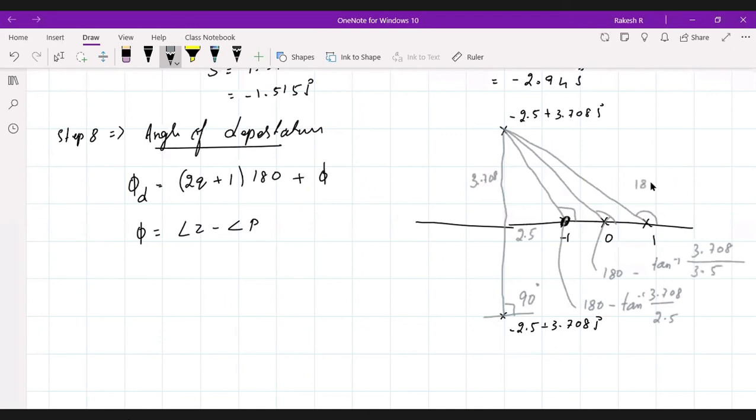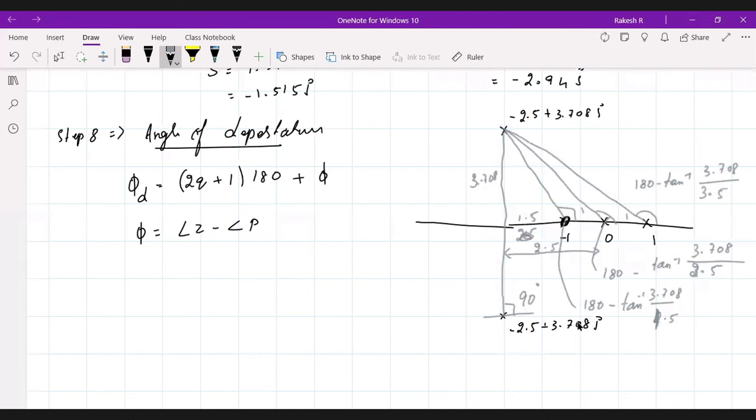This is 180 minus tan inverse 3.708 divided by 1.5, correct, this is 1.5. This becomes 2.5 here, so this length is 2.5 here. From here to this point is 2.5. This is 2.5, this is 1.5 here, this is 1 here, and this is 1 here, right? So 3.708 divided by this is 3.5 here, right?